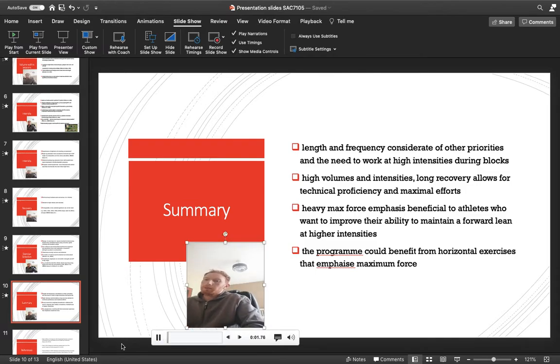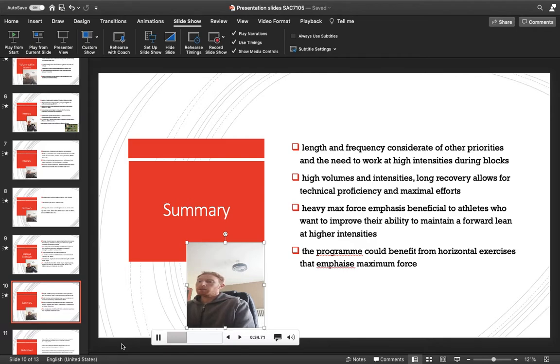So, in summary, sprinters do require a periodized block that places a heavy emphasis on particular qualities. And so, in this case, we're looking at improving the first four steps of acceleration. At initial starting acceleration, Verkhoshansky's program's length and frequency are well set up to accomplish that effectively, in that it's considerate of other priorities that sprinters do need to focus on, other non-weight room modalities, stuff that they're doing on the track.